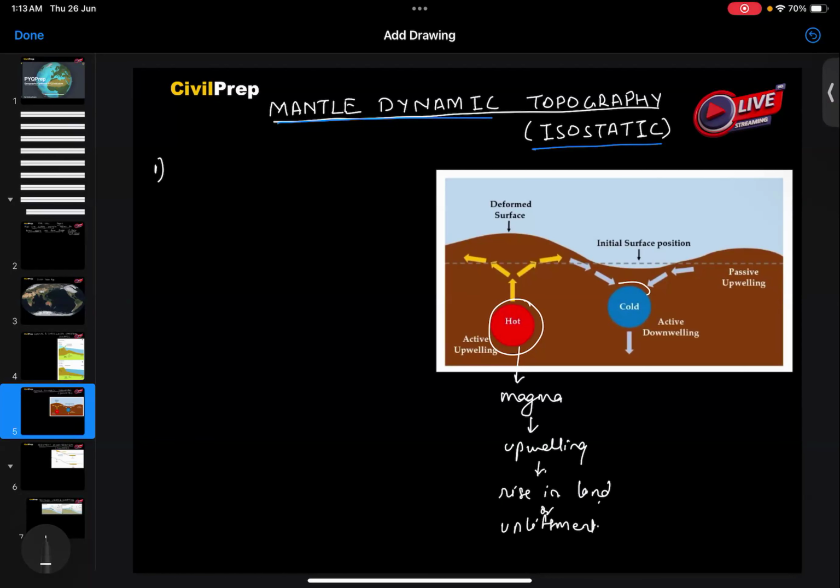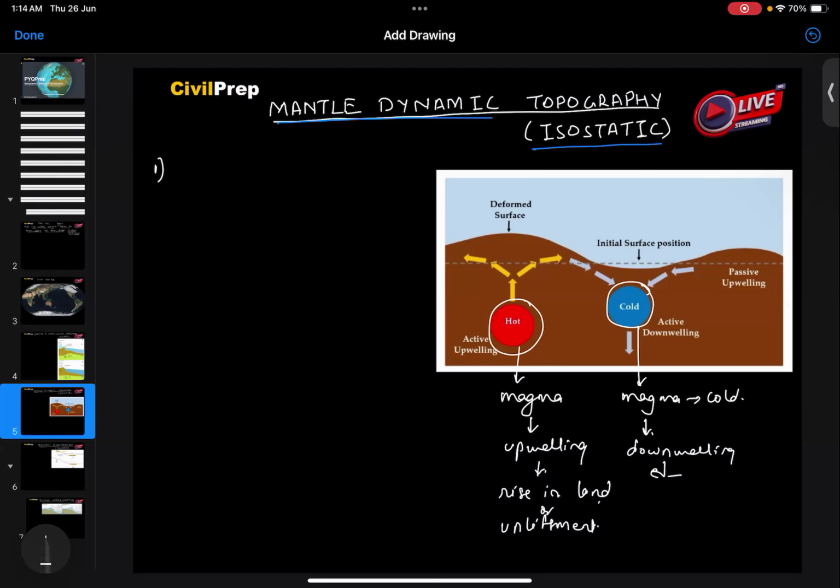Apart from this, the magma which is present in this chamber has gone cold. So because of this, what happens? There is downwelling of magma taking place.